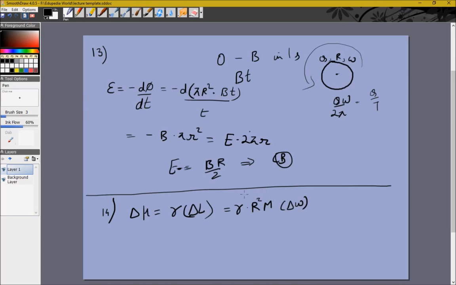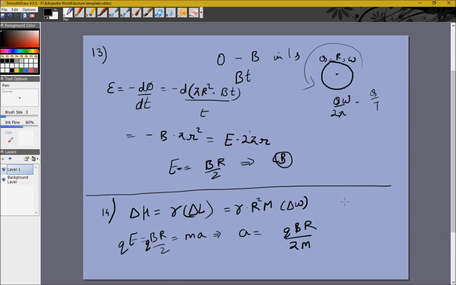Now the induced electric field will actually slow it down. The magnetic field cannot speed it up or slow it down because it doesn't do work, but the induced electric field can do work. So if the induced electric field is Br by 2, that means the force, which is QE, which is QBr by 2, will be equal to mass into acceleration, which means the acceleration will be QBr by 2m.